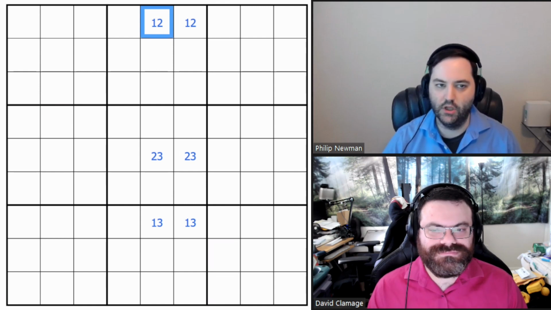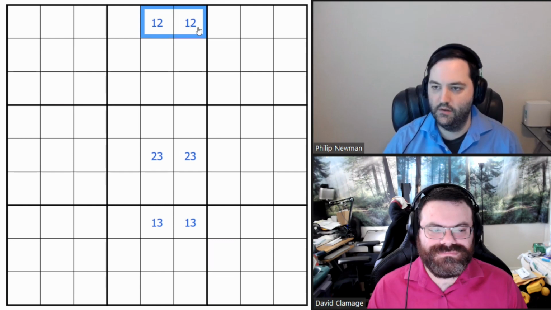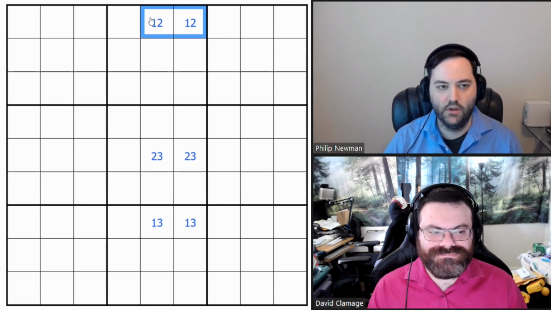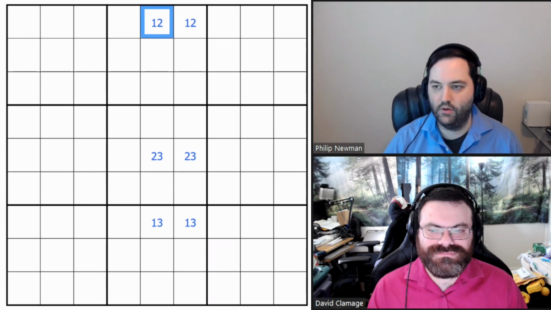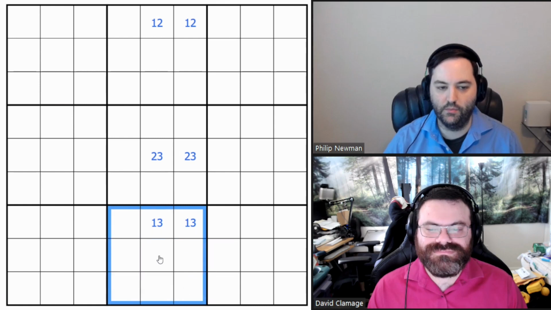So you have a bug if for every undecided cell and for every undecided digit in a house, there are 2 options. So this cell, there are 2 options. This cell, there are 2 options. In this column, there are 2 places that 1 can be. There are 2 places that 2 can be. In this box, there are 2 places 1 can be.